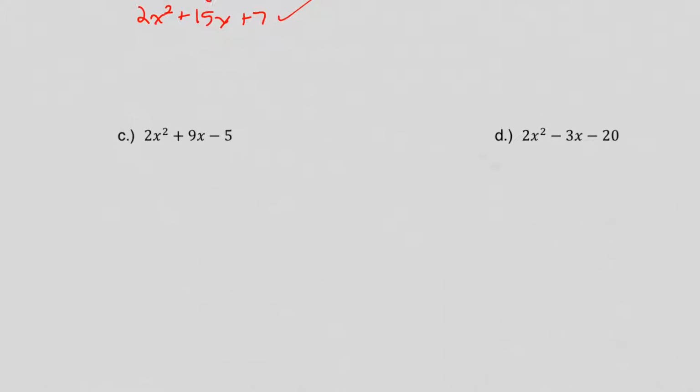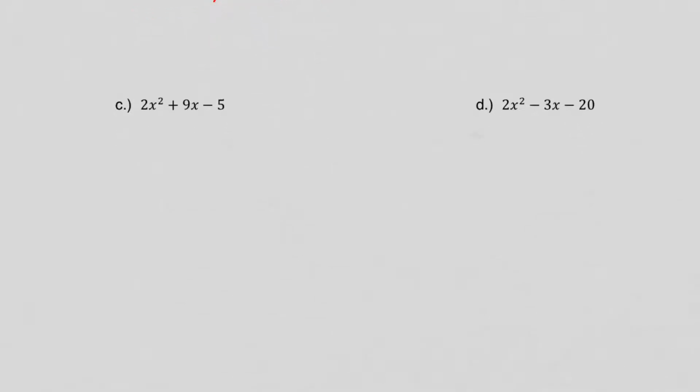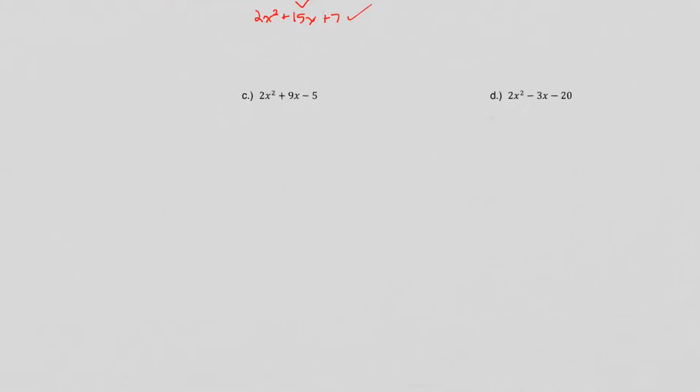Okay, so if we take a look at C, again, we're going to use the factors of A and C, okay? We're going to multiply A and C. So if I try to do this through steps, I say, wait a second, okay, what are the actual steps?